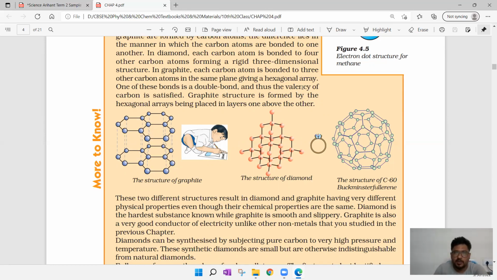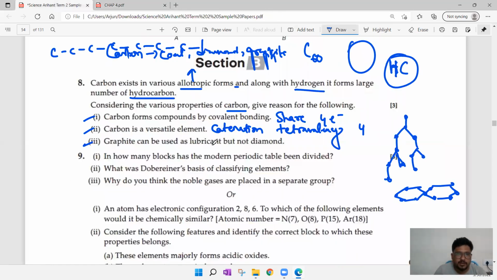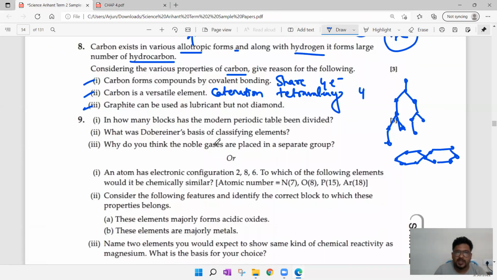One of these bonds is a double bond, thus the valency of carbon is satisfied. Graphite structure is formed by hexagonal arrays, right? One carbon atom will be bonding with 3 other carbon atoms. So that is the answer you can write for that. Okay, next. So graphite is slippery to touch, that is the thing.